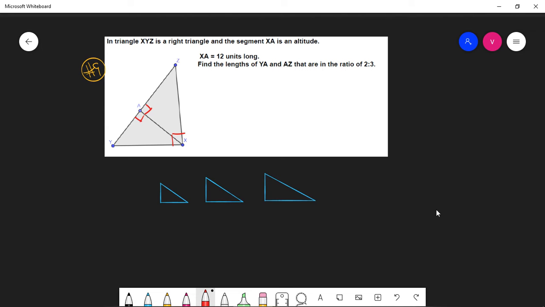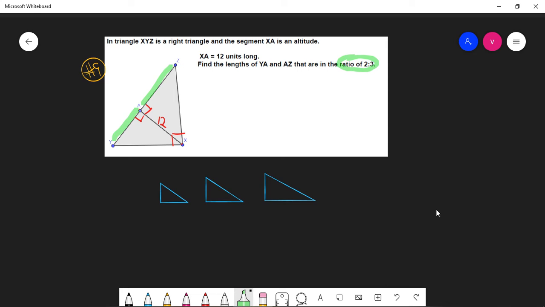So label your triangle, draw it out like this, draw the right angles on there, and it tells you that XA, so this from here to here, is 12 long, so you know that's 12. And YA to AZ, which is here to here, has a ratio of 2 to 3. So they don't tell you exactly the sides, but they tell you the ratio or the proportion or the fraction between those two sides.